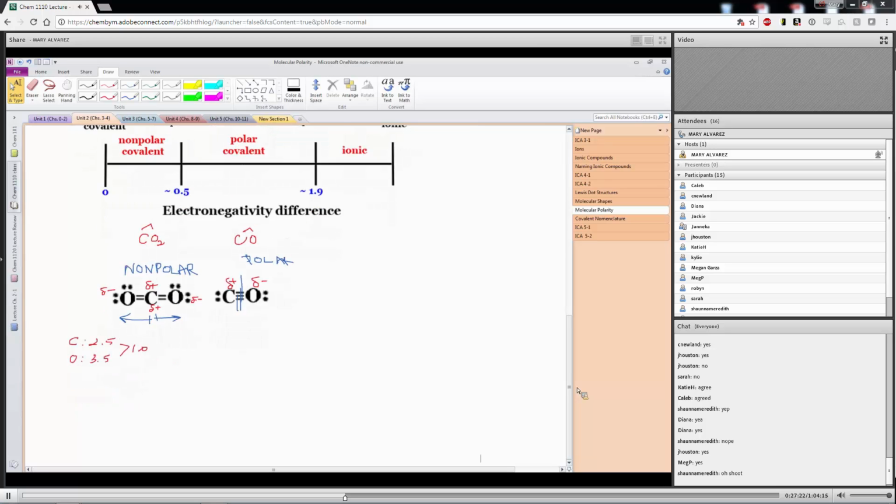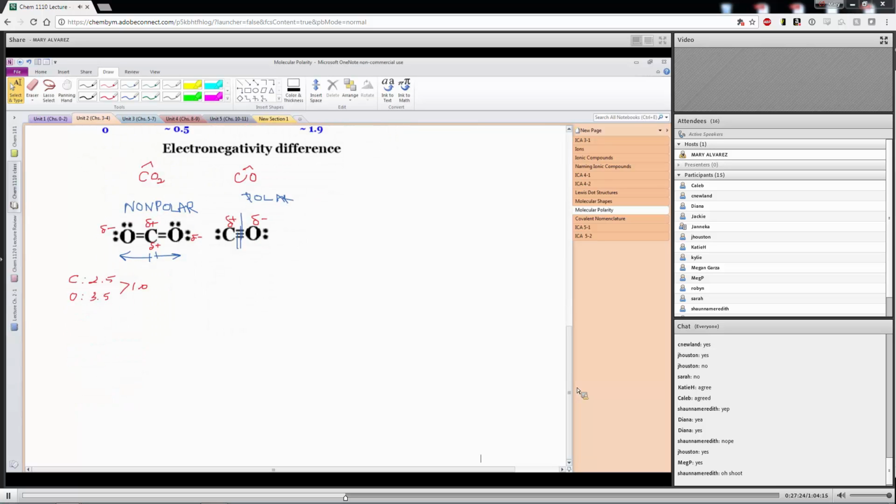Rather than copying and pasting these, we'll draw some of these. What if we had a molecule like CH4?